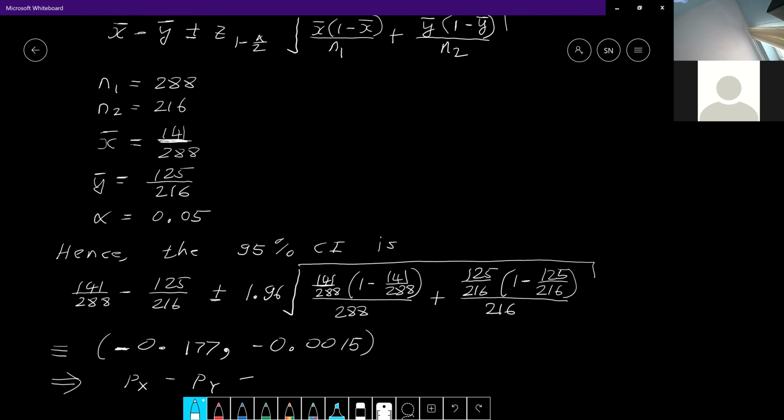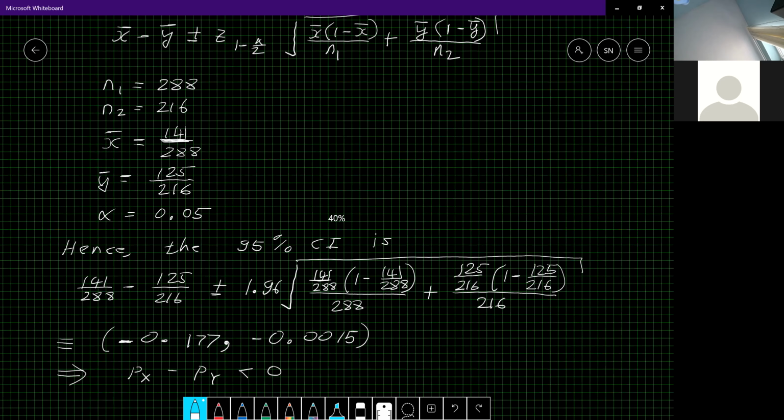It certainly must be negative. In other words, the proportion of people voting in California minus the proportion of people voting in Colorado is negative. So this is question 5, guys.